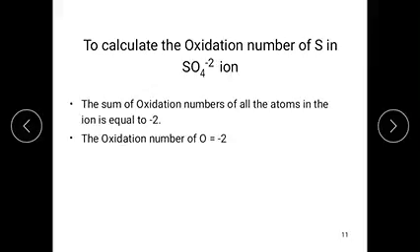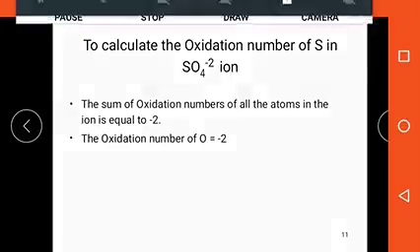Here the oxidation number of oxygen is usually taken as minus 2.